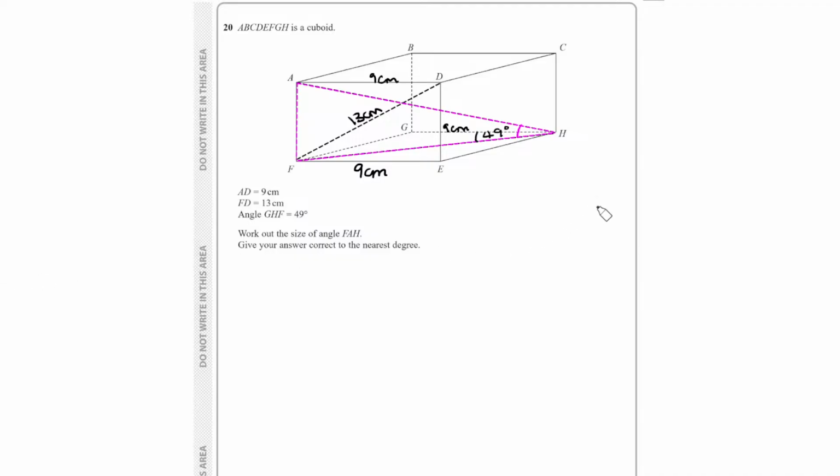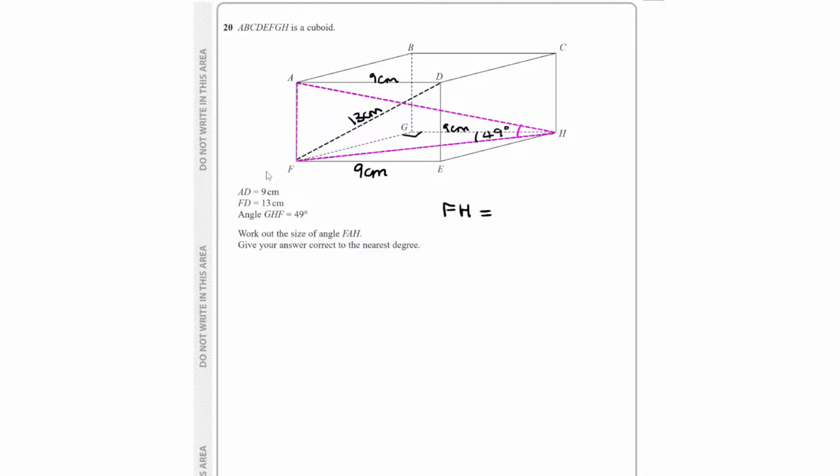What else do we know? I think we could just work out F to H, couldn't we? Because we've got a side and we've got the 49. If you look at the triangle FHG, that triangle at the base, that is also a right angle triangle, isn't it? So I would start with that probably. I would work out F to H using trigonometry because I've got an angle.